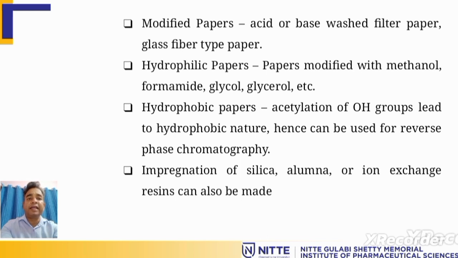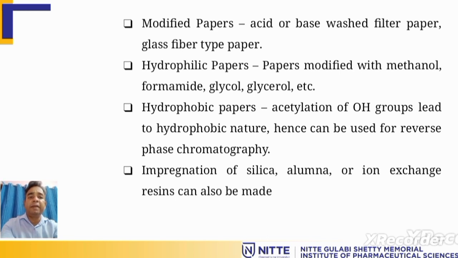So we have various types of paper here. That's called modified paper, which is acid or base washed filter paper, glass fiber type papers, and hydrophilic paper modified with methanol or formamide, glycol, glycerol. These are the solvents through which the paper is treated, and it makes it hydrophilic in nature.